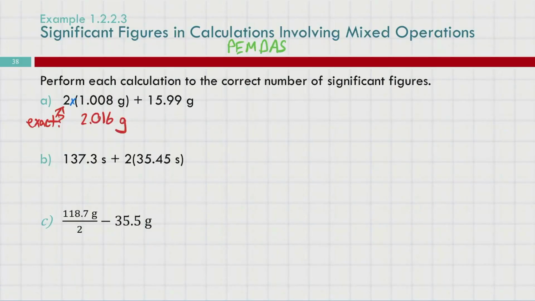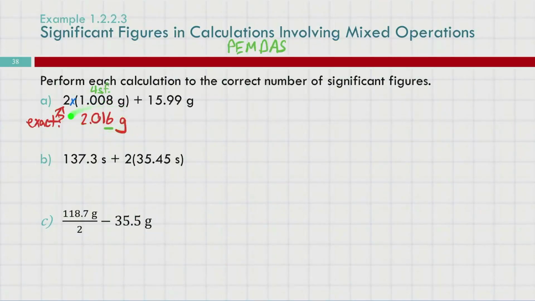Keep the units on there. We had 4 significant figures for 1.008, so we're going to have 4 significant figures for 2.016. We'll put a line under the 6 just to keep track of things. It's probably not necessary. This is assuming that 2 is exact. We'll look at what if it's not exact.